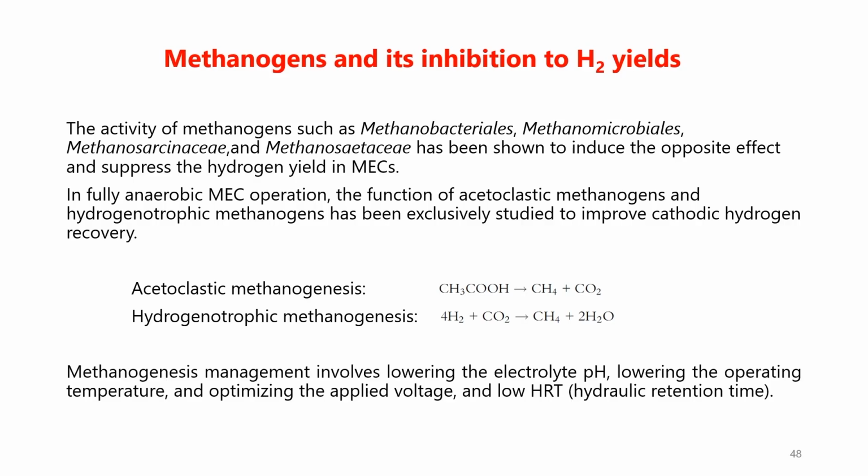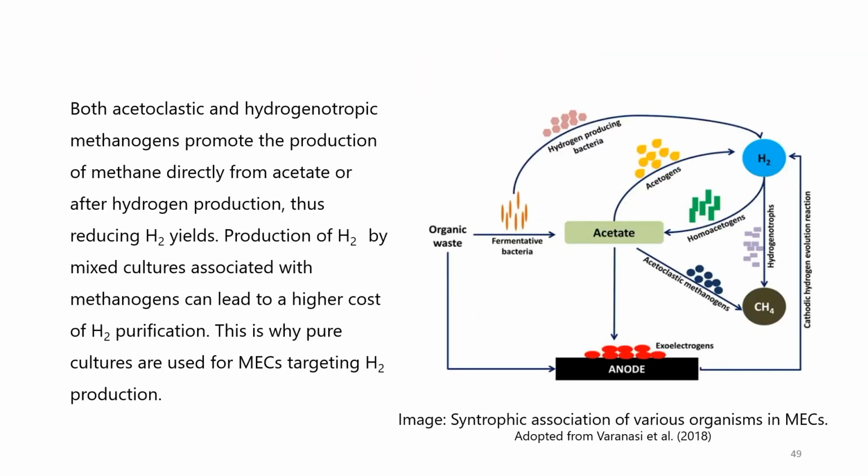Methanogenesis management involves lowering the electrolyte pH, lowering the operating temperature, and optimizing the applied voltage and hydraulic retention time. Both acetoclastic and hydrogenotrophic methanogens promote the production of methane directly from acetate or after hydrogen production, thus reducing hydrogen yields.